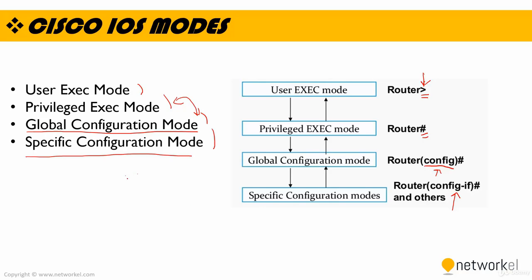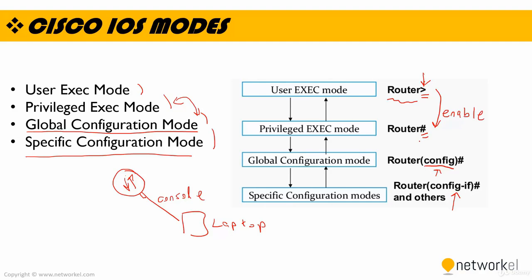For example, when you first console to a device via your notebook, first you're in the user exec mode. And if you want to make an interface configuration, you should type enable to get into the privileged exec mode.